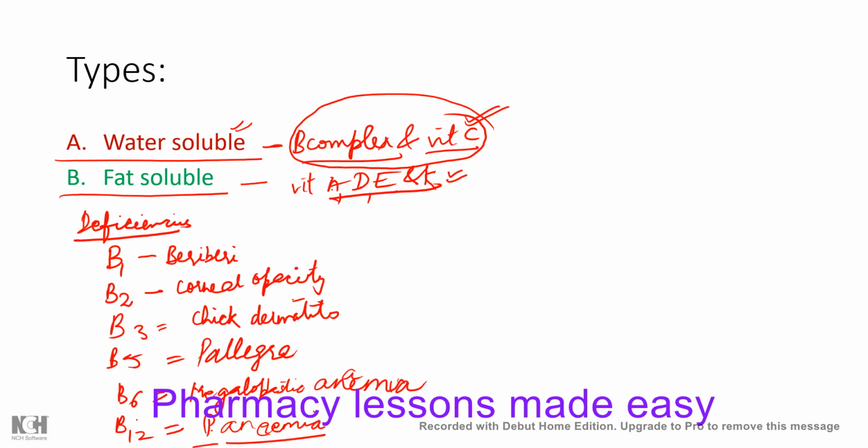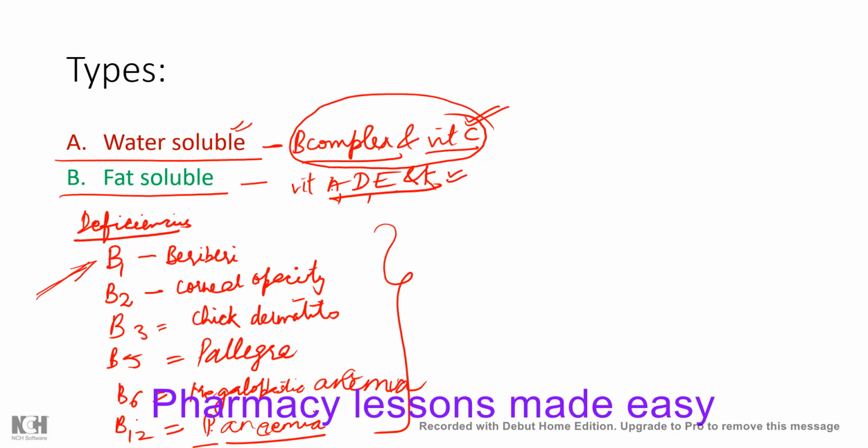So these are the different diseases which are caused by the deficiency of vitamin B. Vitamin B belongs to the water soluble vitamin category. B1, B2, B3, B5, B6 and B12. B1 causes beriberi, B2 causes corneal opacity, and B3 causes cheek dermatitis, B5 causes pellagra, B6 causes megaloblastic anemia, and B12 causes pernicious anemia.